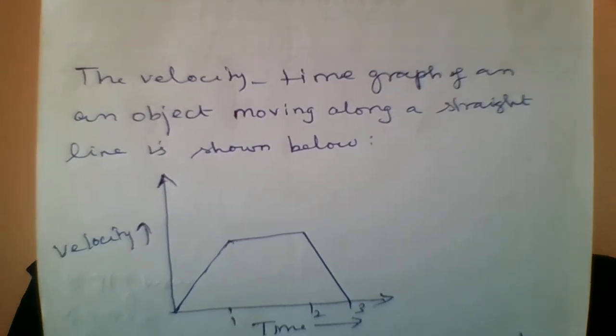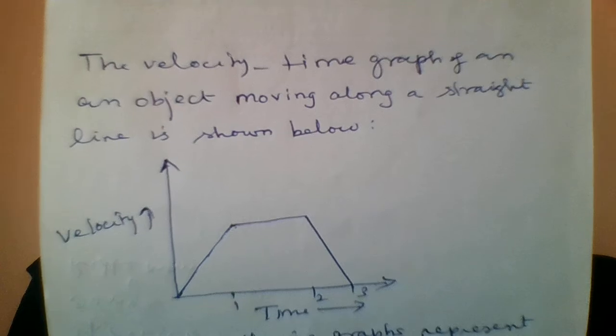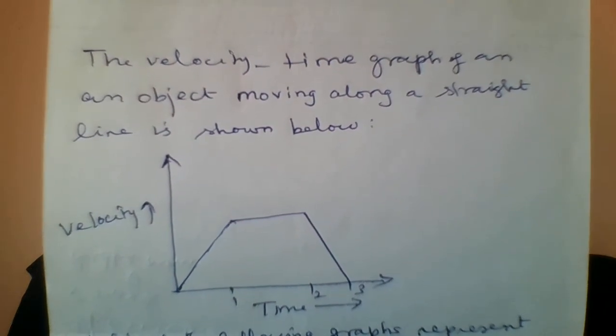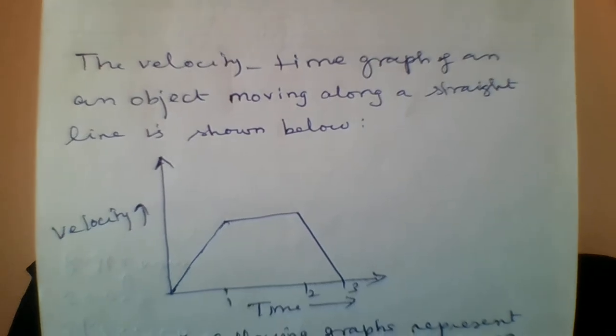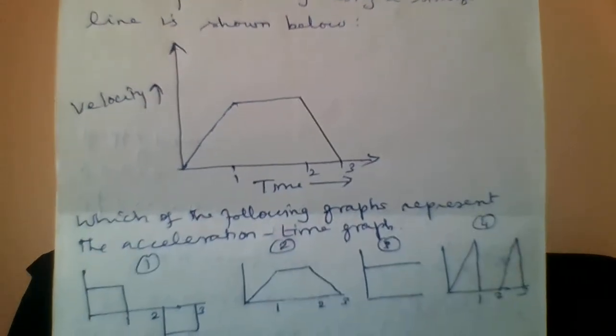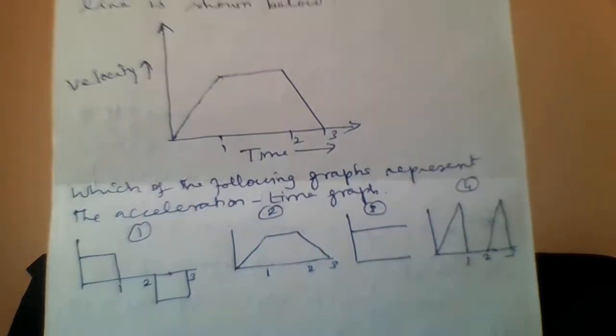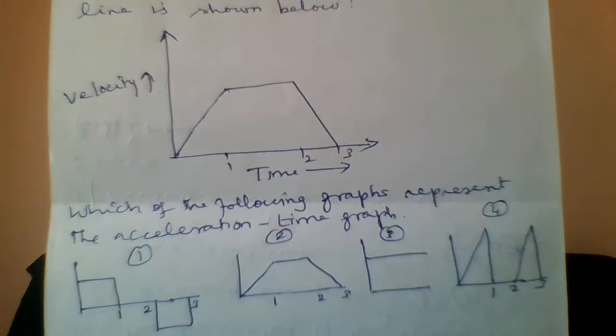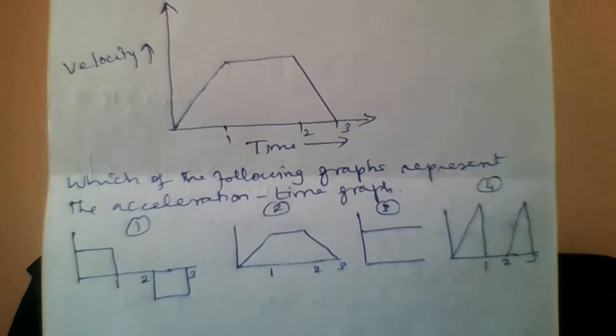From 1 to 2, the velocity is constant, and from 2 to 3, the velocity decreases. Now they are asking you to find what will be the graph of acceleration. They have given 4 graphs. You have to find which graph is correct.